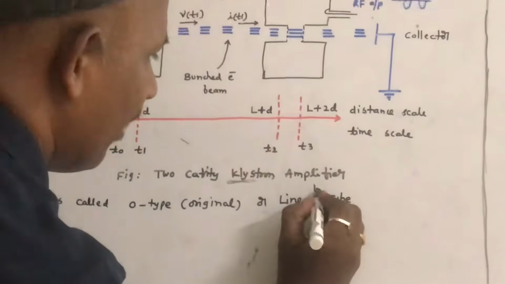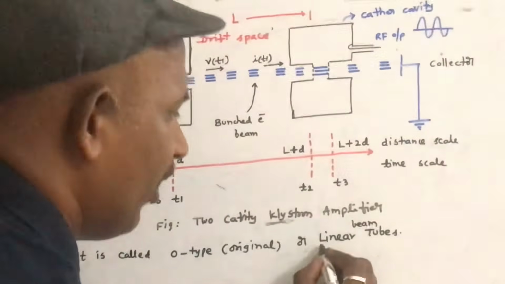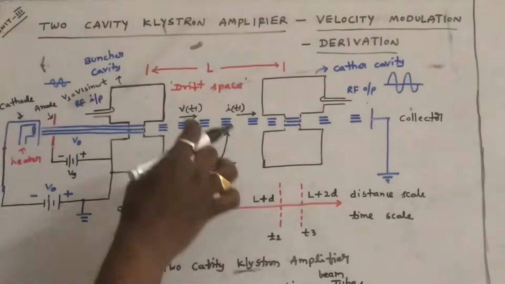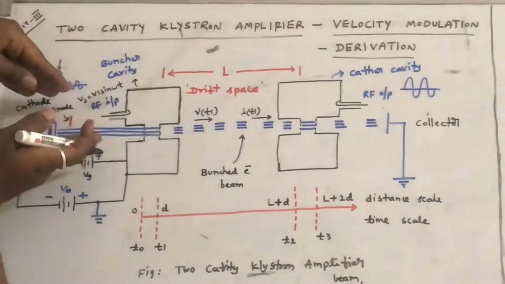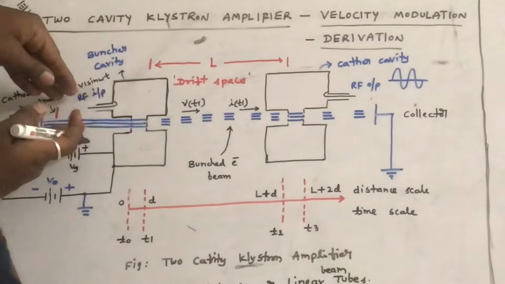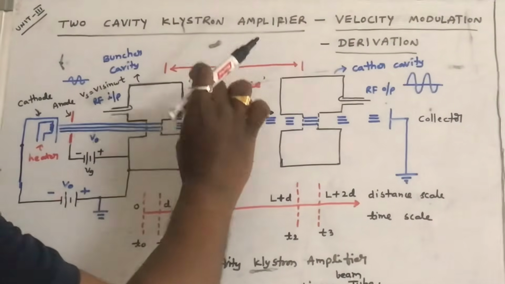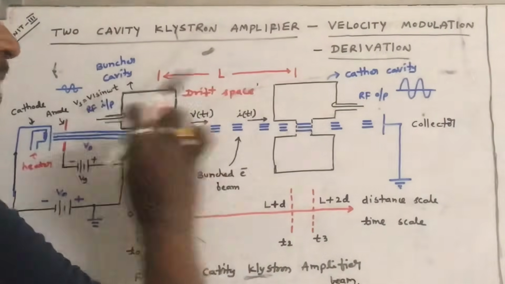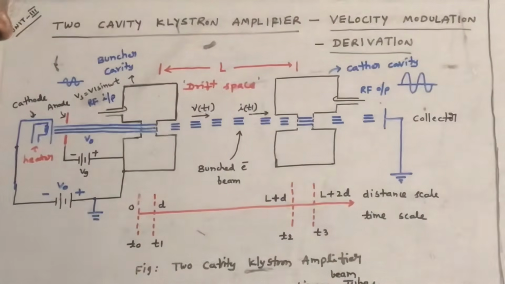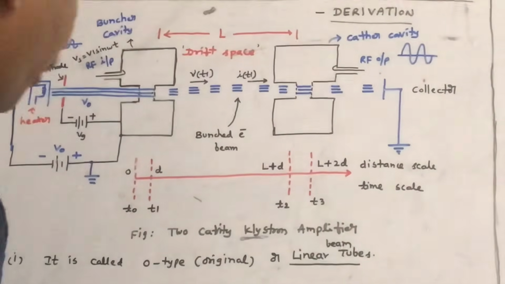Very important is that the purpose of the magnetic field here is to focus the electron beam while it travels from the cathode to the collector. That's why it is called a linear beam tube.